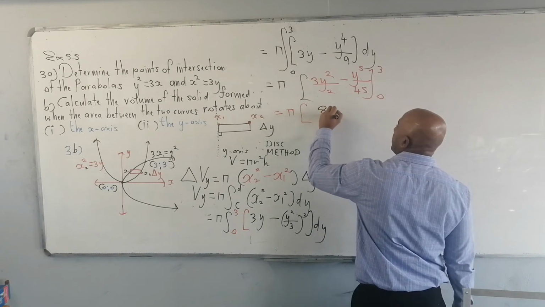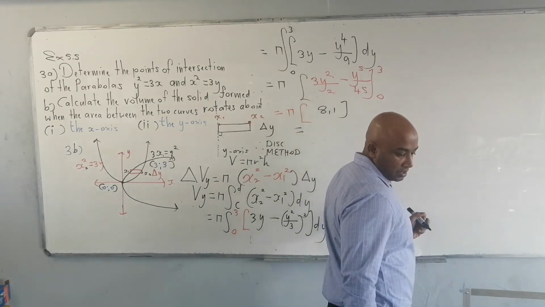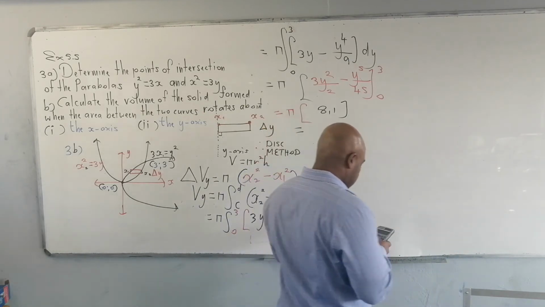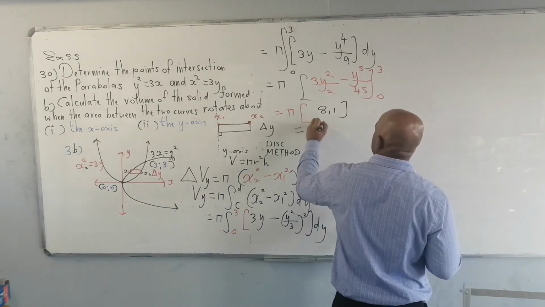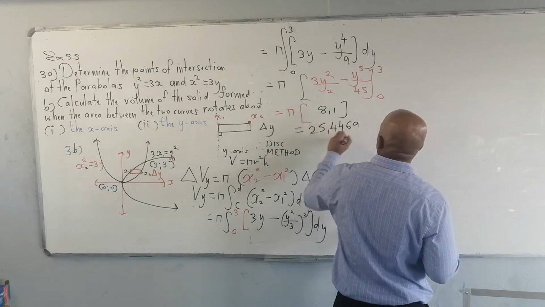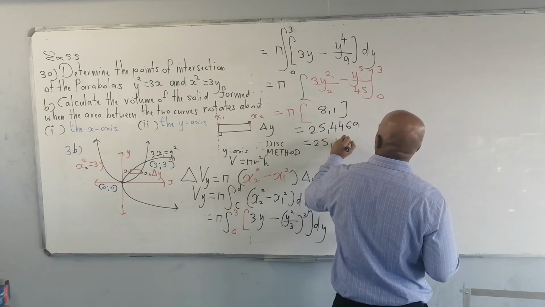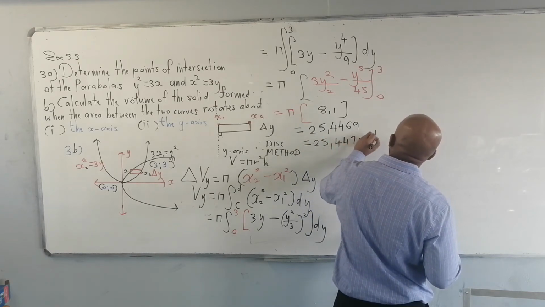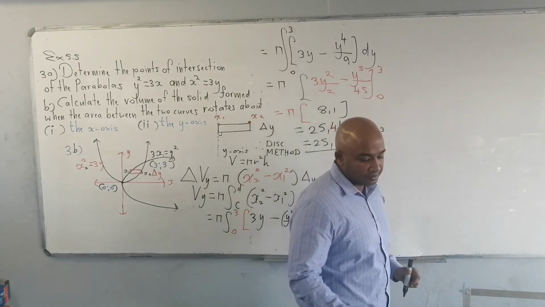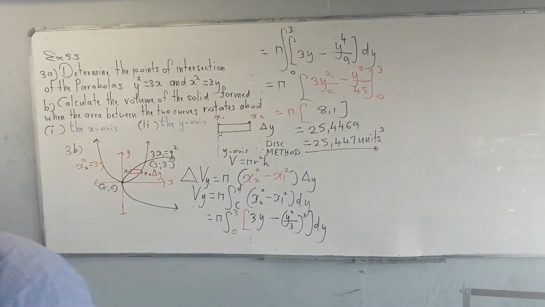So that's 81 over 90, times pi, which is equal to 25.447 units to the power 3. And that was number 3.